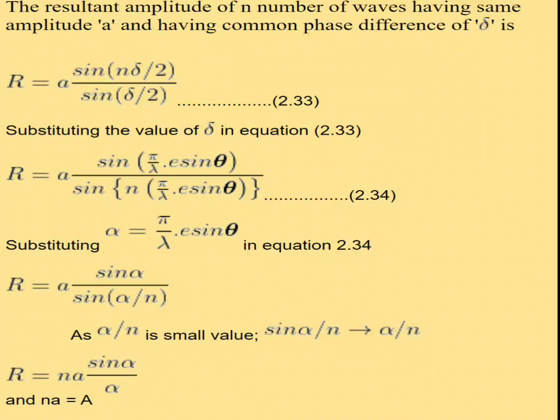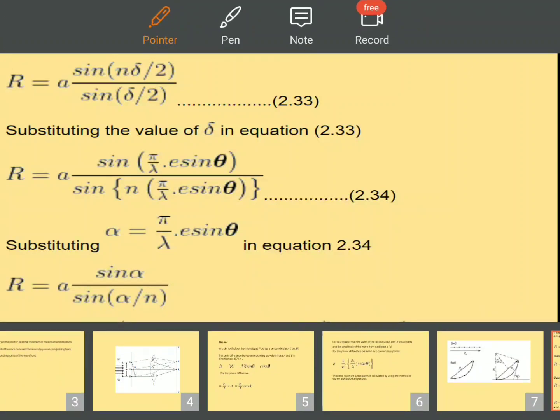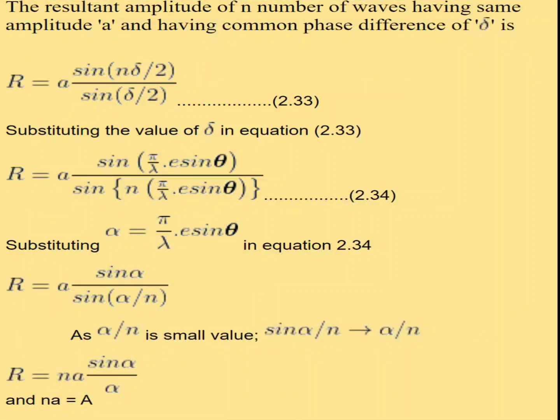So A into sin alpha written as it is, sin of alpha by n, that is alpha by n. Simply now reverse the n value.